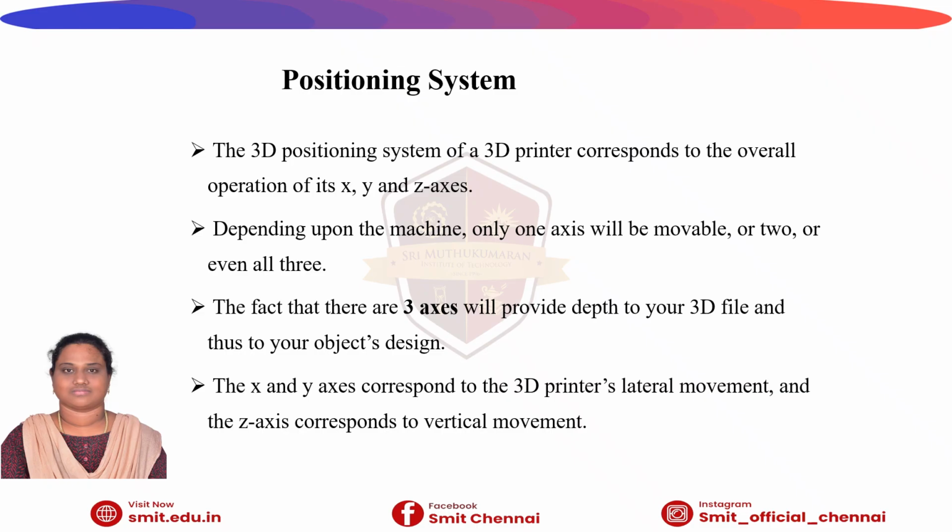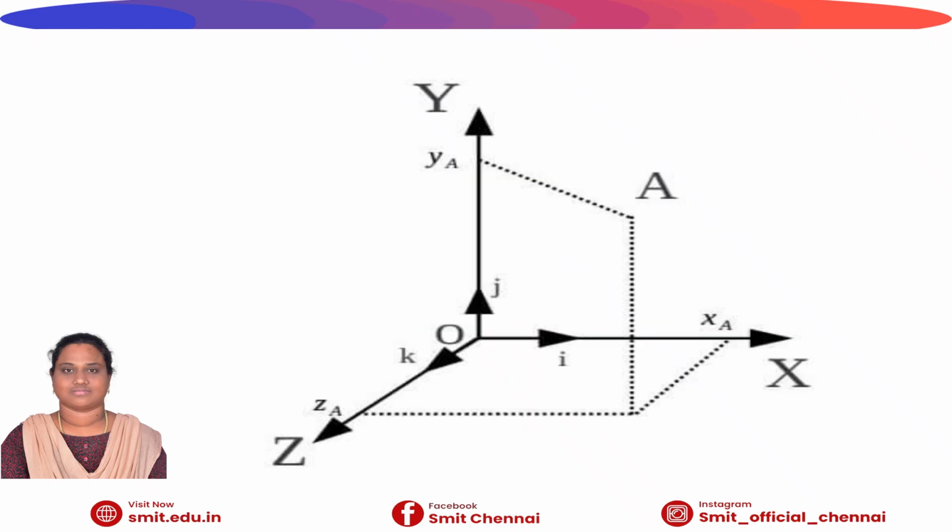The presence of three axes provides depth information to the 3D model, allowing complex shapes to be fabricated. The X and Y axis control lateral movement across the print bed, while the Z axis controls vertical movement for the layer by layer construction.